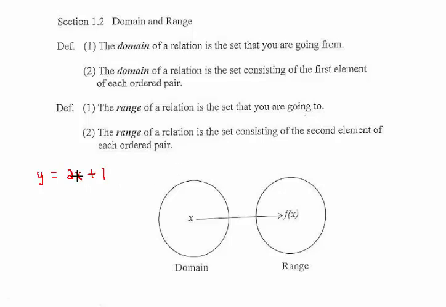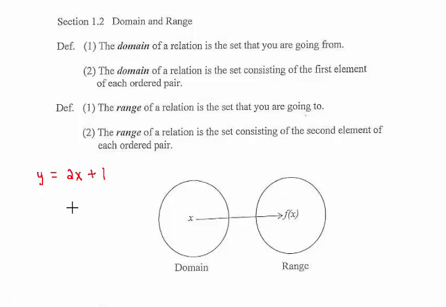This is a function because it takes an x value and assigns it to a y, and every real number that you put in the place of x is only assigned to one y.